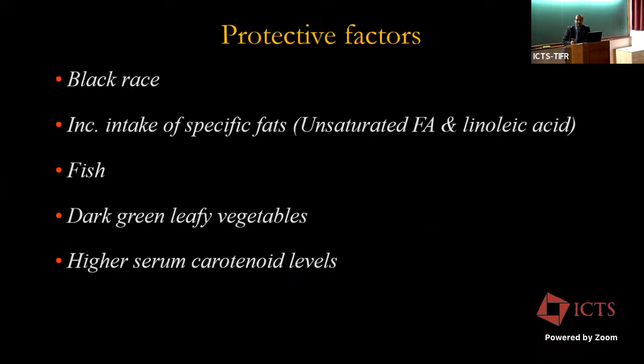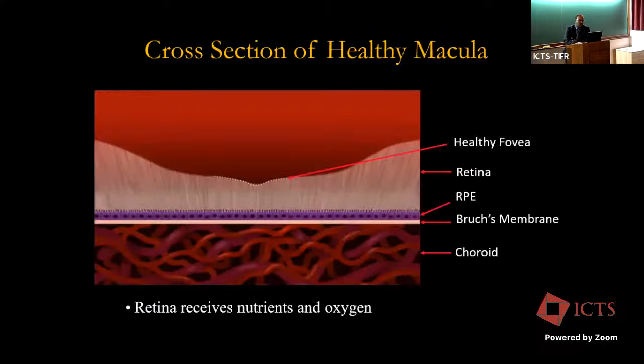There are also certain protective factors which have been recognized: black race, increased intake of specific fats, unsaturated fatty acids, linoleic acid, fish, dark green leafy vegetables, and higher serum carotenoids. All these help.